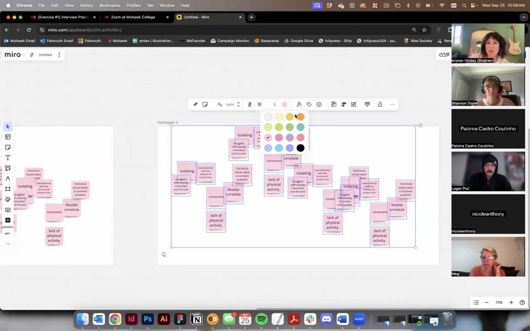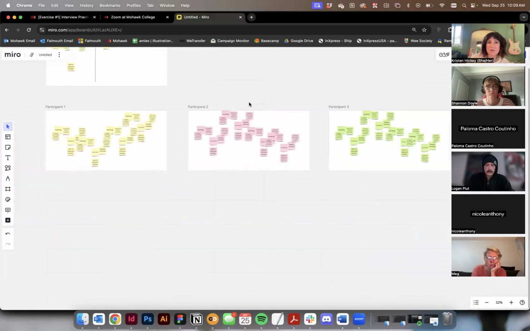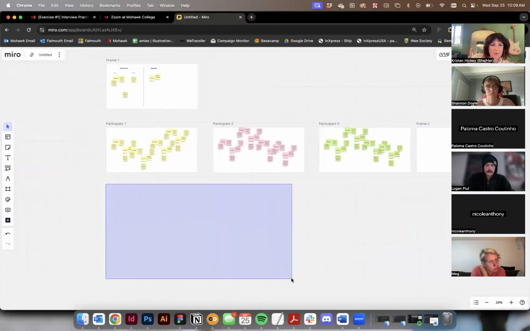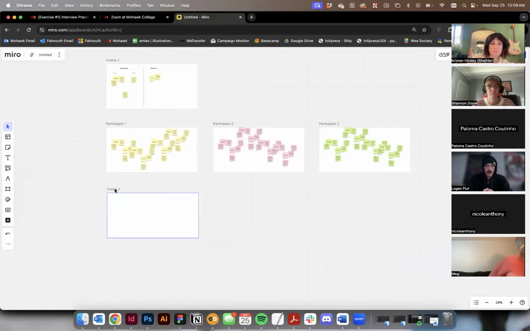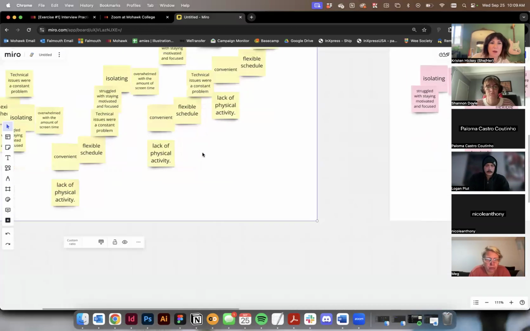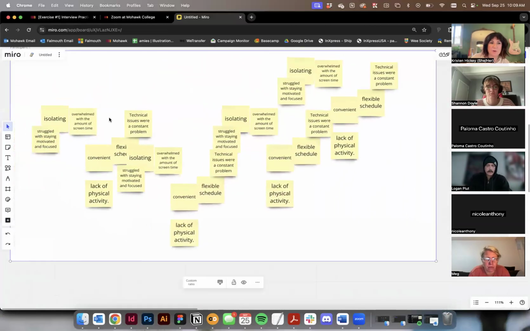We would change those to another color. So then what happens is now we're going to gather all of this data on our one page, and then we start to organize.